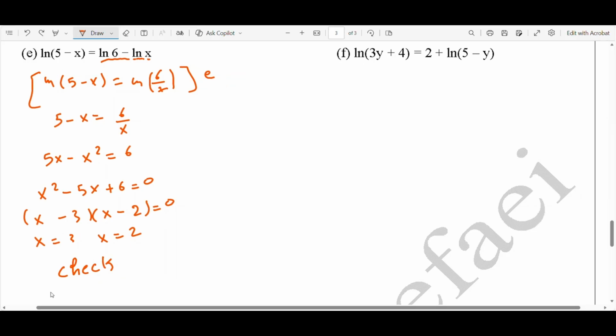Let's solve part F. As I said before, I can't multiply by e, because the right side of my equivalency has two terms. It should be one, not two.